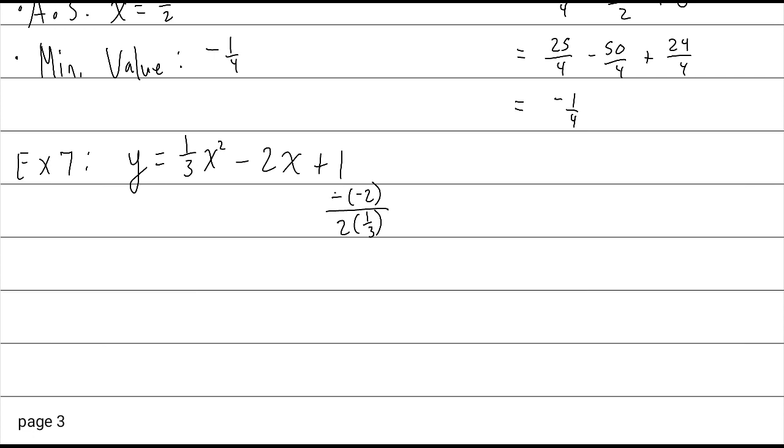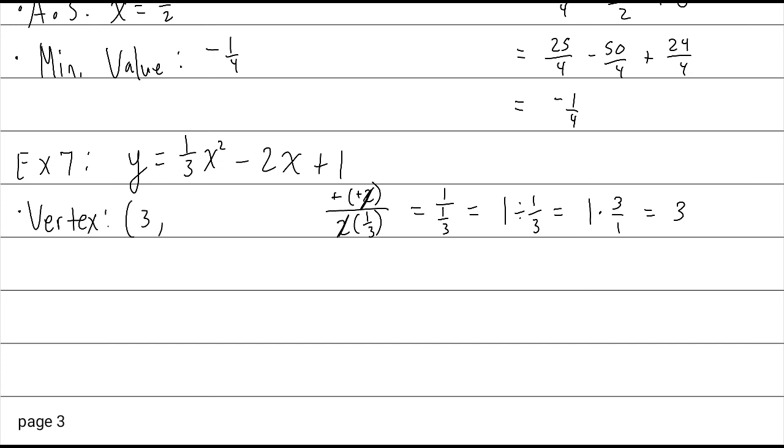Okay, so that's positive. Those 2's will cancel, so I'm really left with just 1 over 1/3. 1 over 1/3 is equal to 3, actually. You can see that as 1 divided by 1/3, which is the same as 1 times 3 over 1, which is just 3. Okay, so that actually kind of worked out nicely, right? The vertex starts off with a 3.